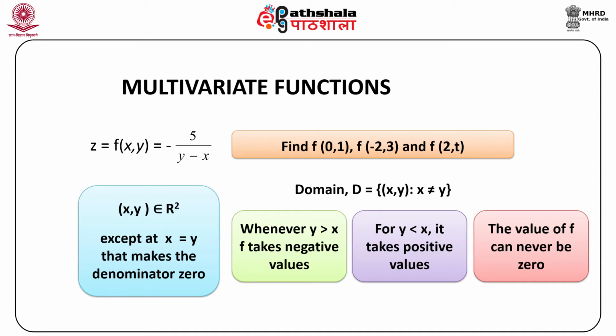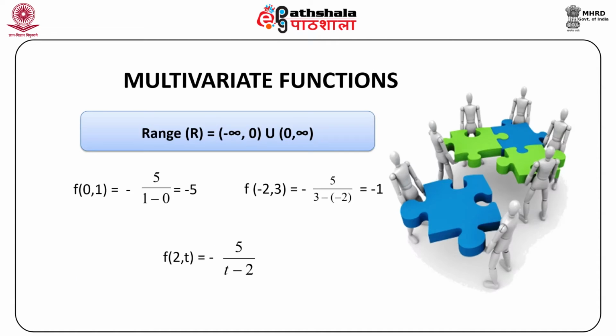Further, whenever y is greater than x, f takes negative values, and for y less than x, it takes positive values. The value of f can never be 0. Range R is equal to (minus infinity, 0) union (0, infinity).